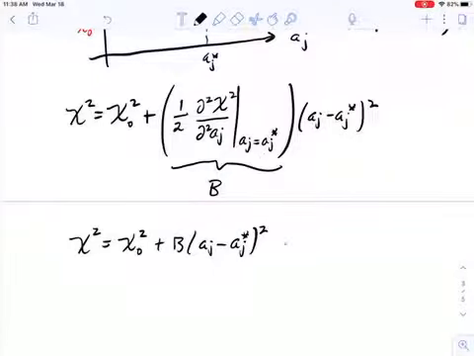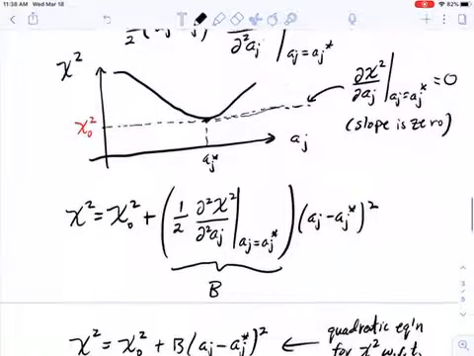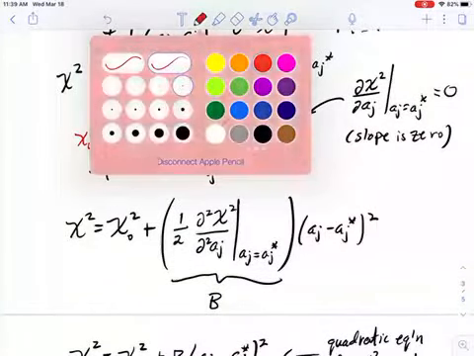And this is a quadratic equation for chi-squared with respect to aj. And we know what a quadratic equation looks like. We could draw it in here.